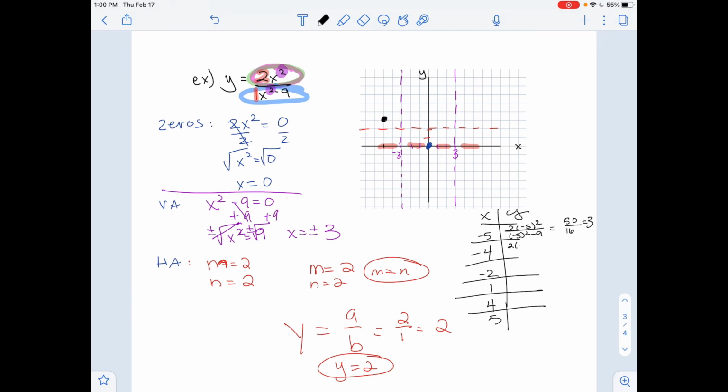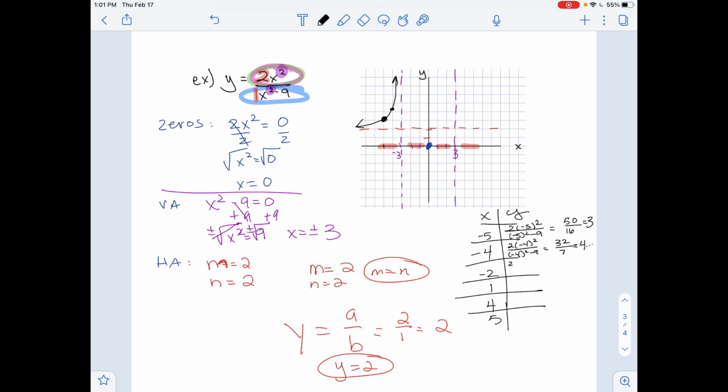Let's do the next one, 2 times -4 squared all over -4 squared minus 9. That's going to be 32 over 16 minus 9 gives me 7, which is about 4 and a little bit. So at -4, we're going to go up a little bit higher than 4. So we can see in this quadrant right here, it's going to bend and follow those asymptotes.